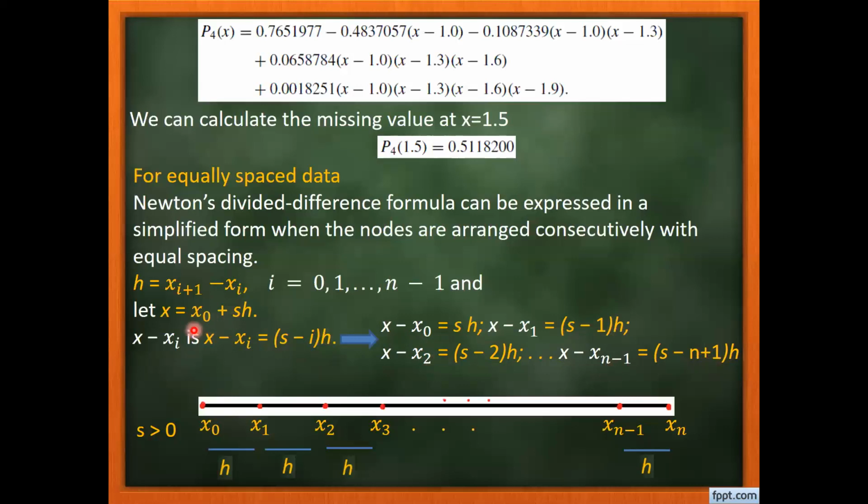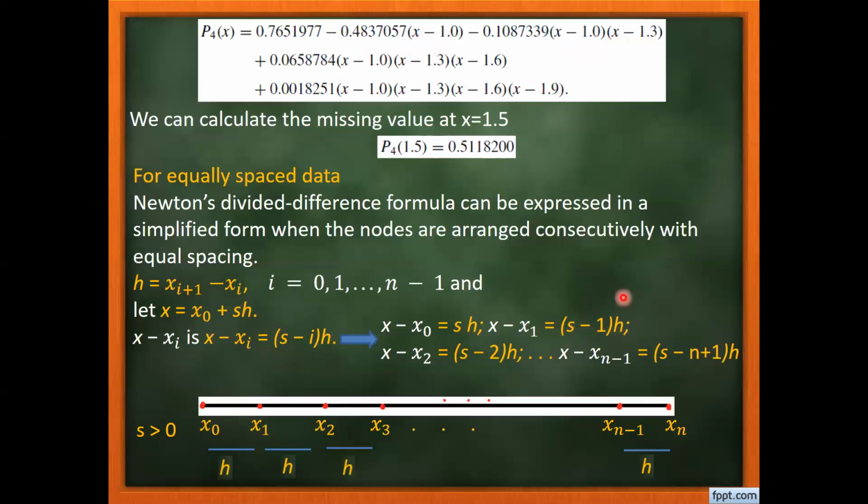So why is this helpful? Because here in the polynomial, we have x minus x0. So for equal spacing, I don't need to write x minus x0; rather, I can just write s times h. Here we have x minus x0 times x minus x1. I don't need to write x minus x1; what I can do is write s minus 1 times h.